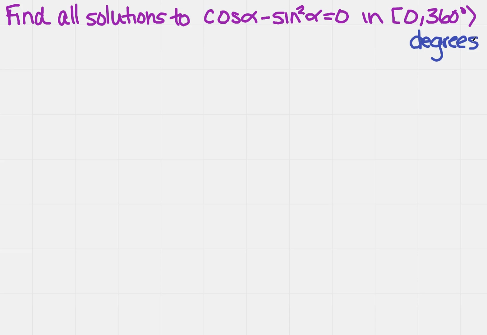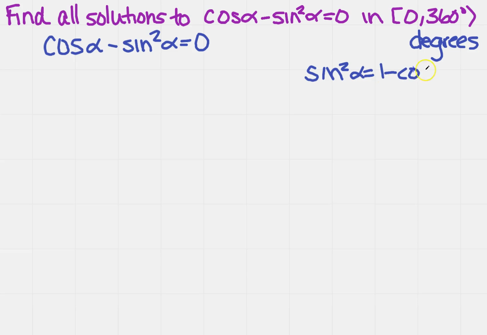So where are we going to start with this one? Well, I'm going to rewrite it first, because a lot of times when you're rewriting it, something might click. And sure enough, I see that it says sine squared alpha. Well, I know there is an identity for that, and I'm going to write it on the right-hand side as a refresher. Remember that sine squared of alpha equals 1 minus cosine squared alpha.